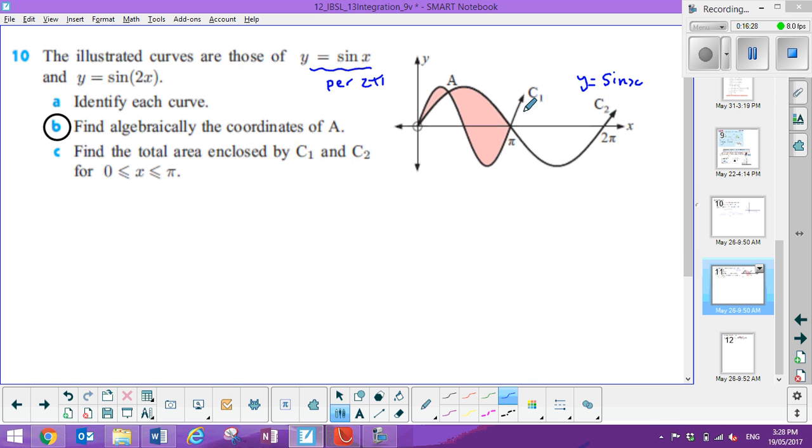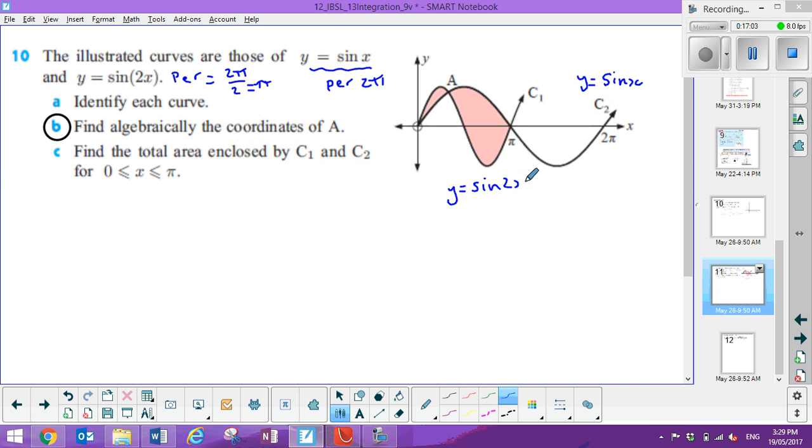And this one here by default must be sine of 2x, which you should know because the period of that is going to be, period equals 2 pi divided by the b value, which is 2, which is equal to pi. So there's one period, and this one here is our y equals sine of 2x.